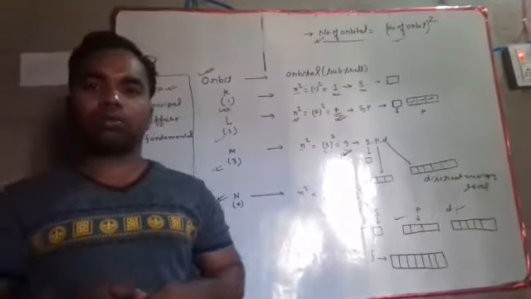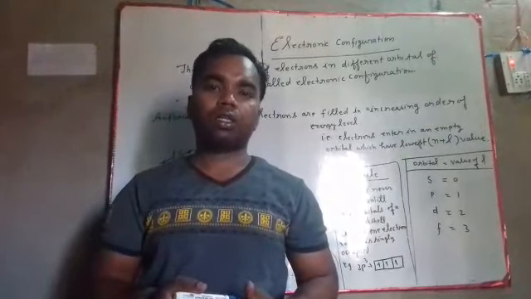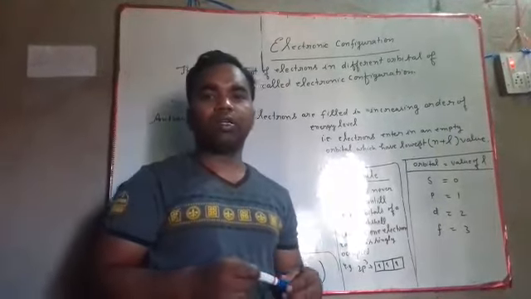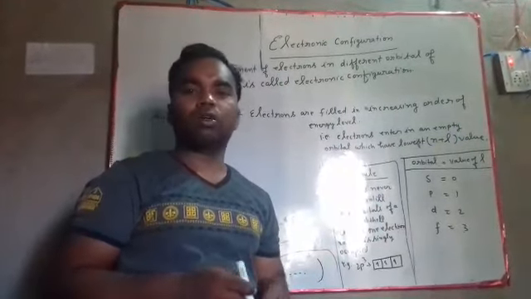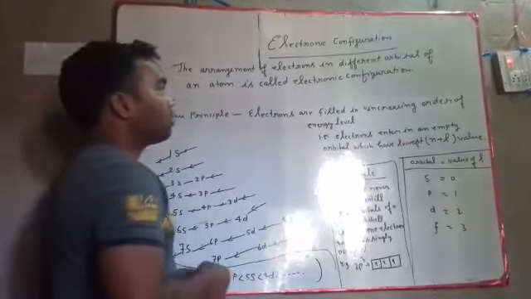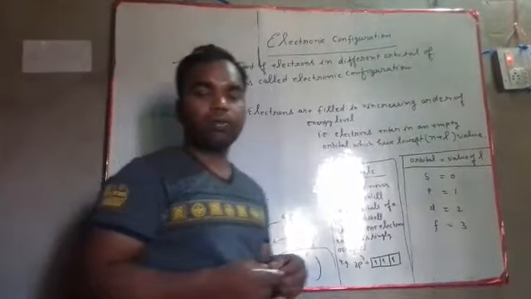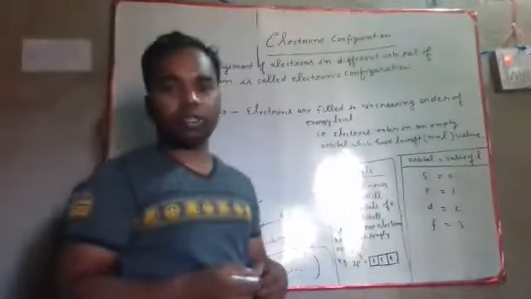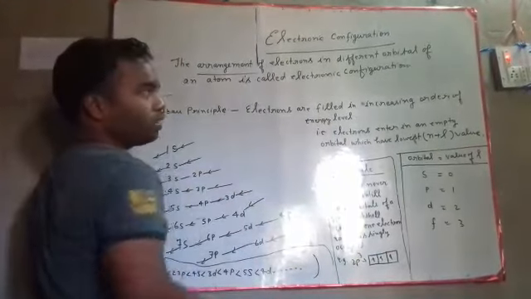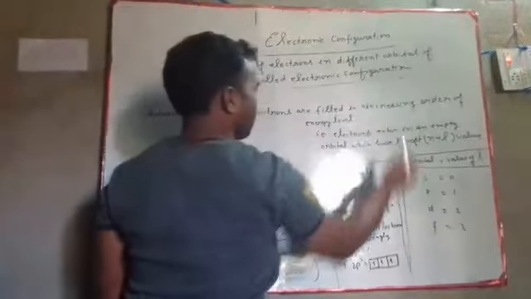Now we have to understand the concept of electronic configuration. How can we write the electronic configuration of different elements having different atomic numbers? First, we should introduce ourselves with electronic configuration. The arrangement of electrons in different orbitals of an atom is called electronic configuration.